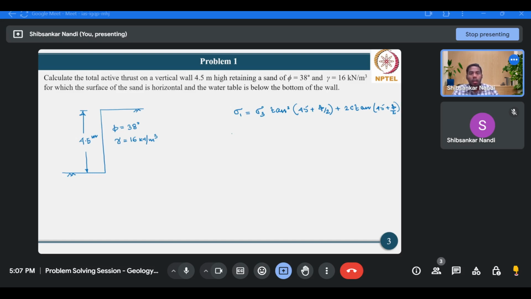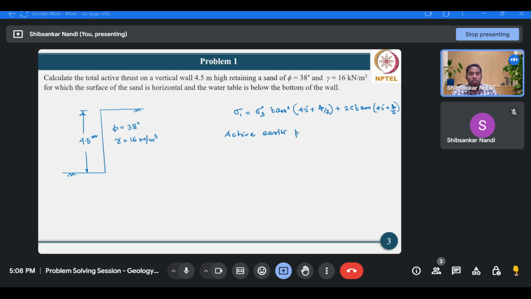Now from the concept of active earth pressure, you should know at least this part.